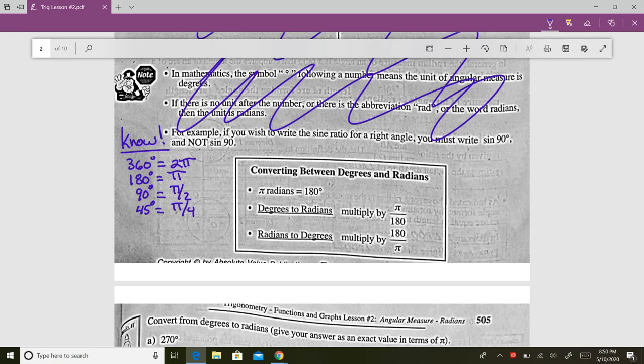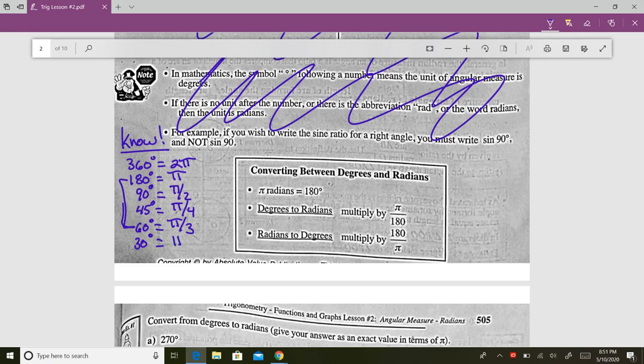What is 60 degrees? Well, how do we get 60 from 180? If I divide 180 by 3, I get 60. So divide pi by 3, and that's what 60 degrees is, pi over 3. What's half of 60? 30.